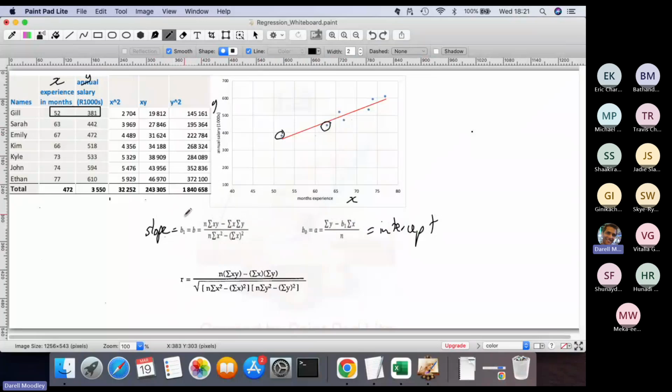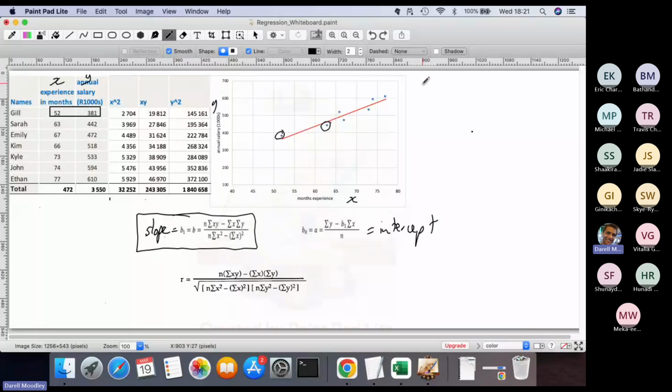So we're going to work out the slope of the line that fits the data the best. You can see this equation has a lot of terms in it, so we're going to go through it. Our calculator will do a lot of the heavy work. Now I'm going to show you the long method to get the slope.